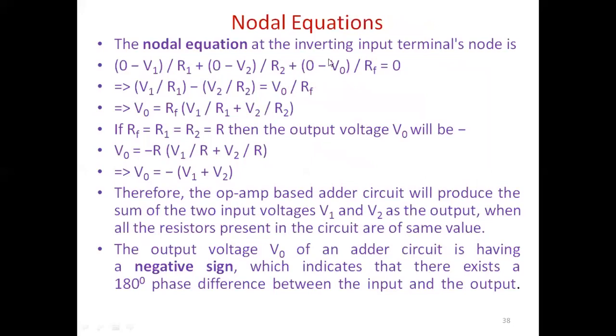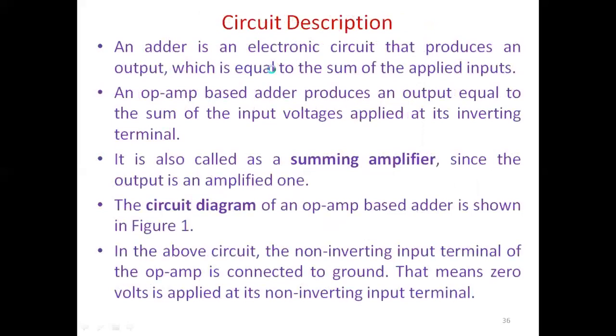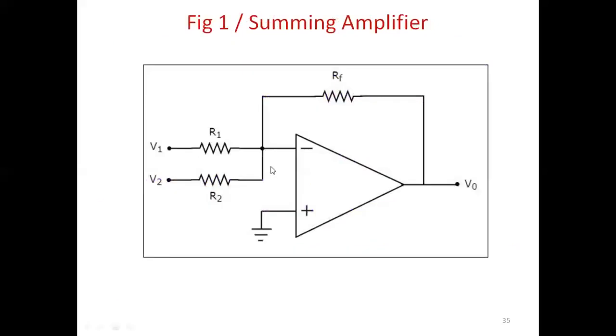The nodal equation at the inverting input terminal is given by (0 minus V1) by R1 plus (0 minus V2) by R2. Why the 0 is coming into the picture: because this voltage is 0. So 0 minus V1 divided by R1, 0 minus V2 divided by R2, 0 minus V0 divided by RF. Then we are equating them.